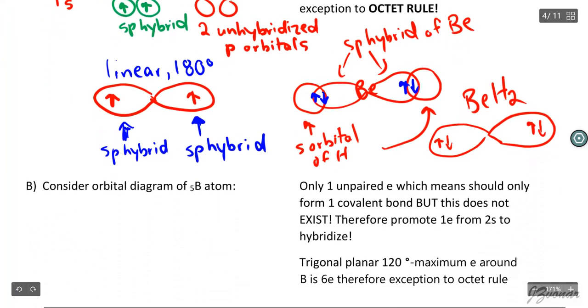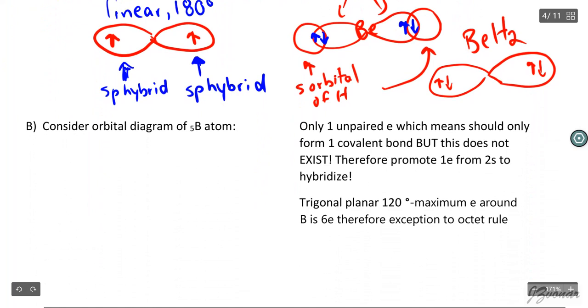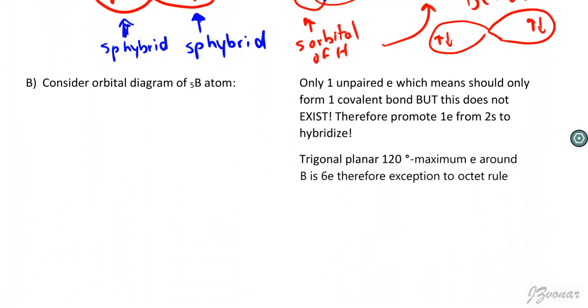Let's take a look at the next element on the periodic table, which is boron. If we take a look at boron and think about its orbital diagram, let's quickly draw it. It's got 1s, which is full with 2 electrons. Now we go to the 2s orbital, which gives me 4 electrons.